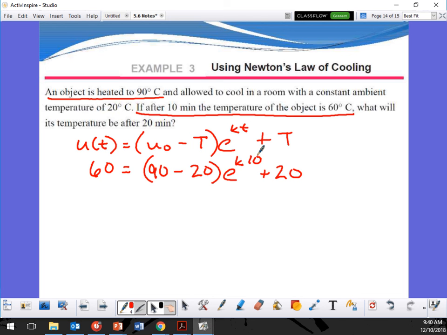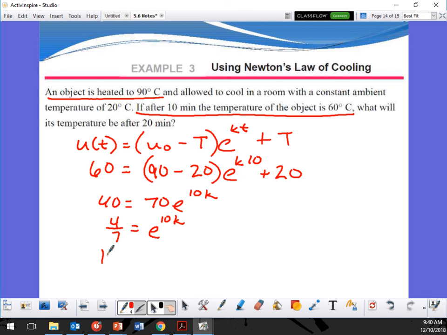So let me do some quick math. 40 equals 70 e to the 10k. So 4 over 7 is equal to e to the 10k, right?